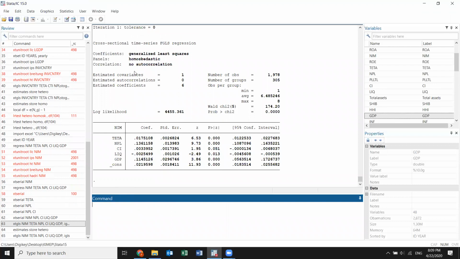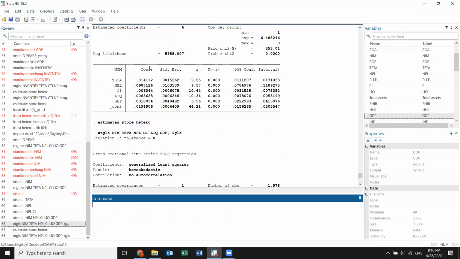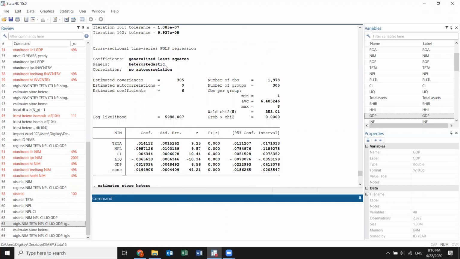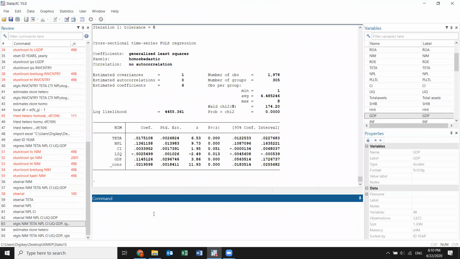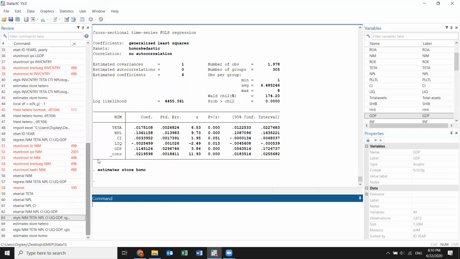Now you can see, here panels is homoscedastic. In here, panels is heteroscedastic. This one I should save as well. Estimates store homo, I'm going to name it. I saved it. Okay.